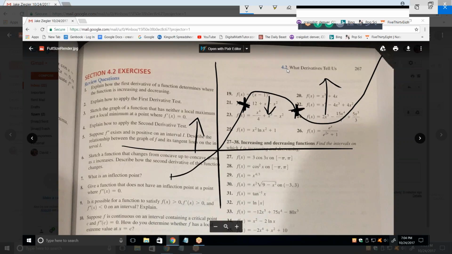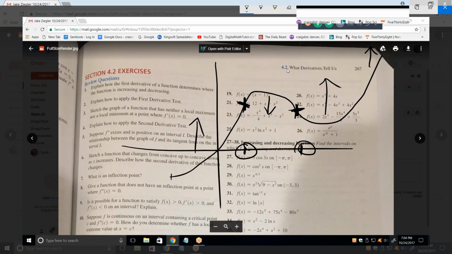And the key here is that inflection points come when the second derivative is equal to 0. So if you want to know where that is on the x-axis, take the second derivative of the function, set it equal to 0, and it will tell you what these 2 points are. Now, this stays concave up all the way to there. That's still concave up until you see it specifically turn around.